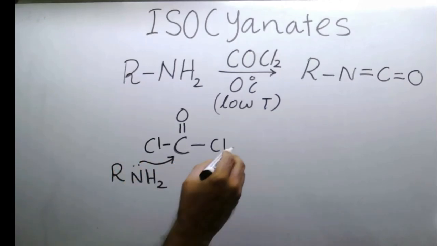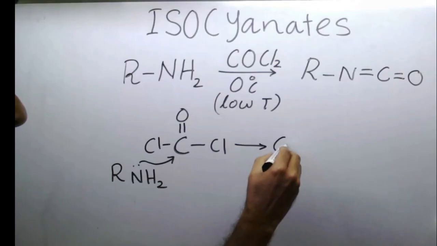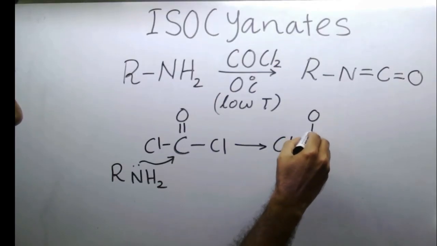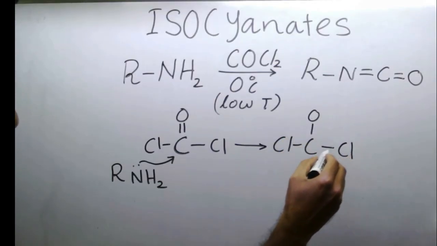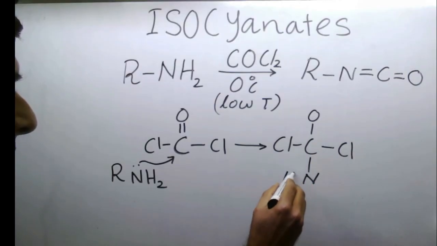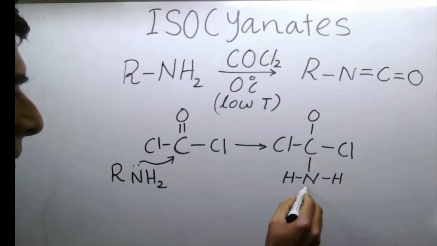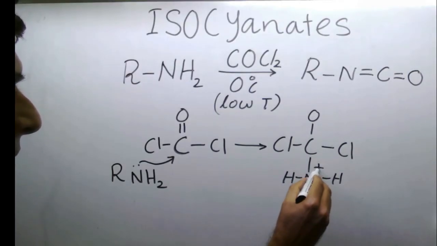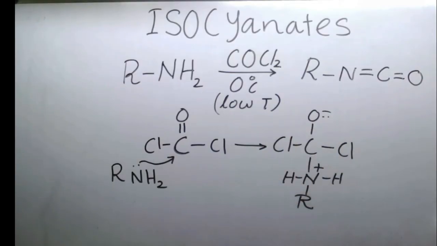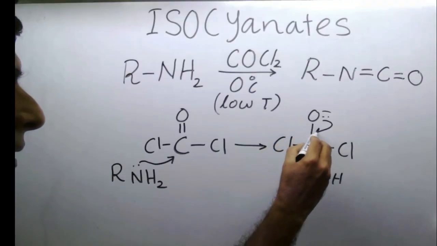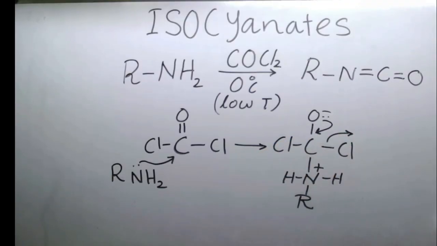like this, and the first formation of the bond can occur. So we have to understand that chlorine is a very good leaving group here, and it can leave in this way.